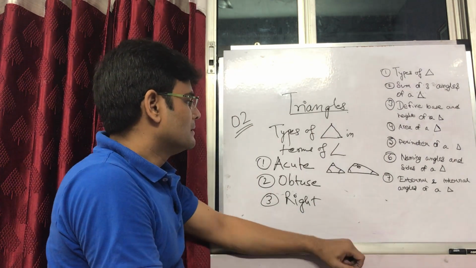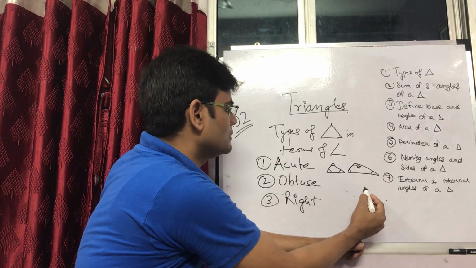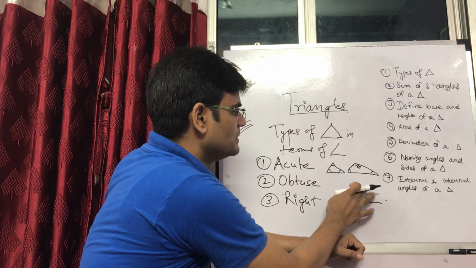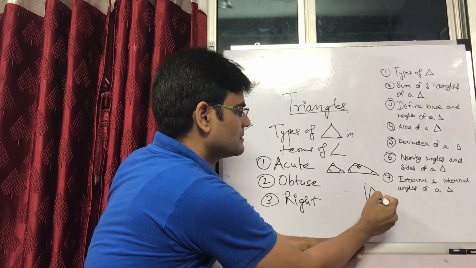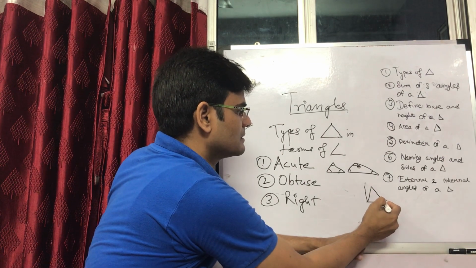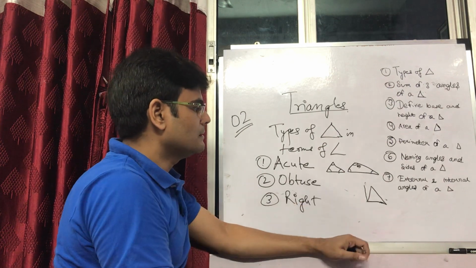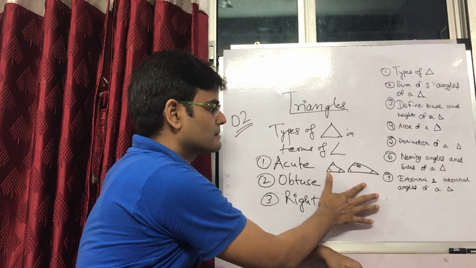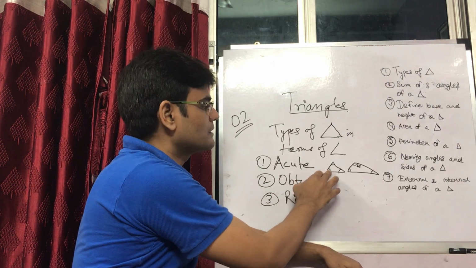Looking at any triangle, how do you determine? You see, this is a right angle. Any angle should be less than this angle. So if it's something like this, then it's an acute angle triangle. Acute angle triangles have a definition considering all three angles of the triangle.